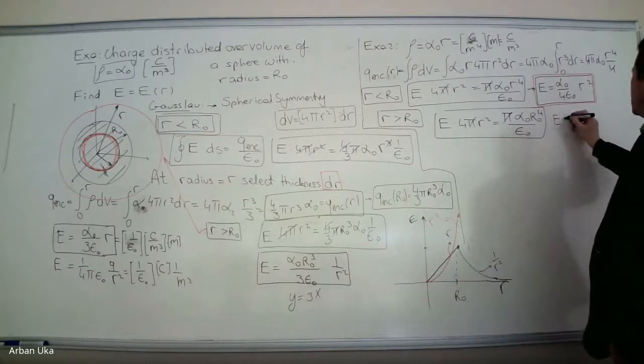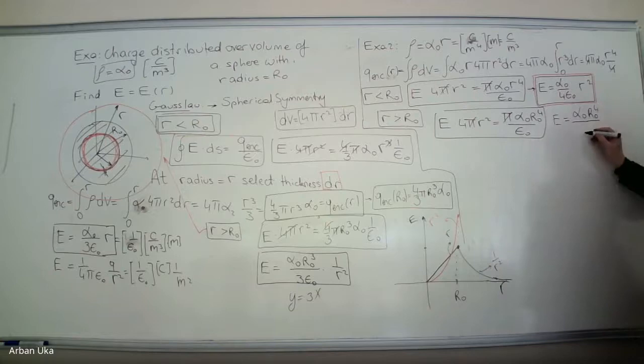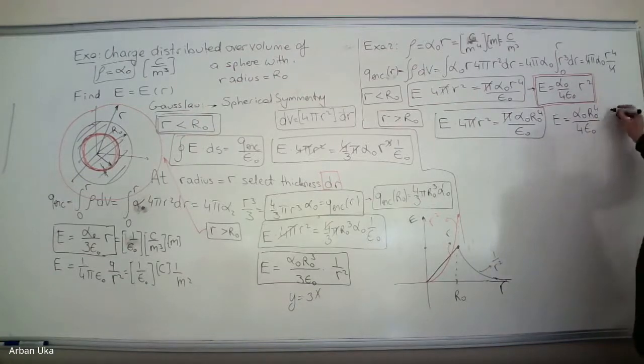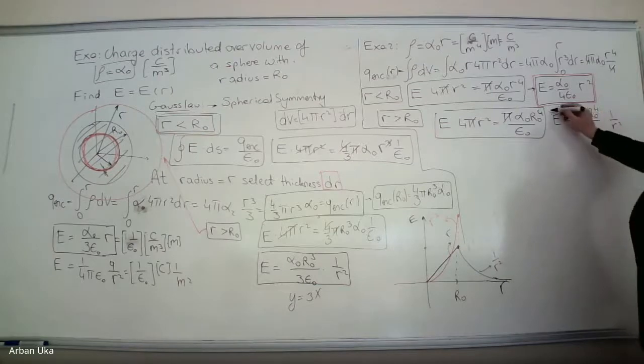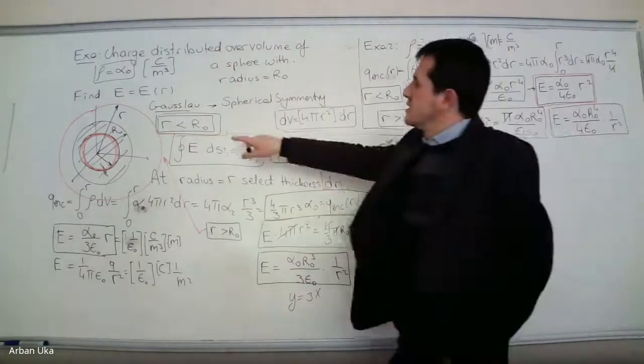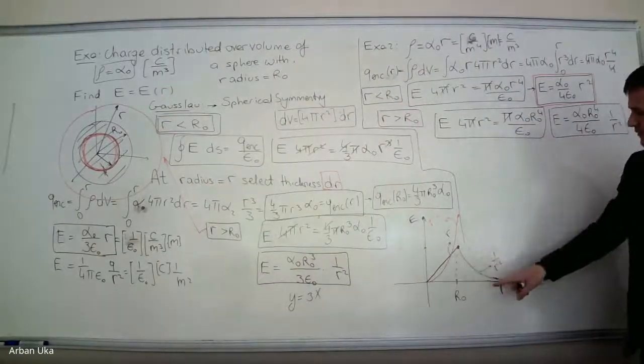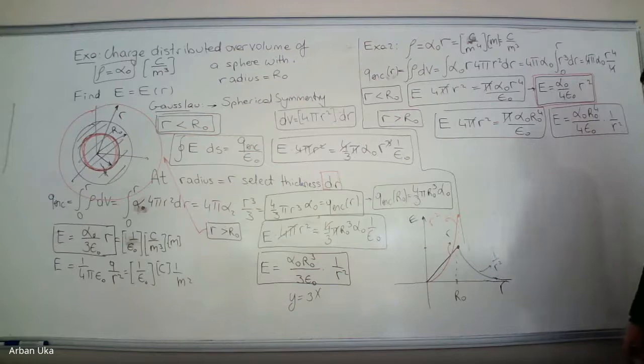And here the electric field will be equal to alpha 0 r0 to the power 4, now r0 is a constant, divided by 4 epsilon 0 times 1 over r squared. So it looks like the electric field, when we have this charge density beyond r larger than r0, is decreasing as 1 over r squared.